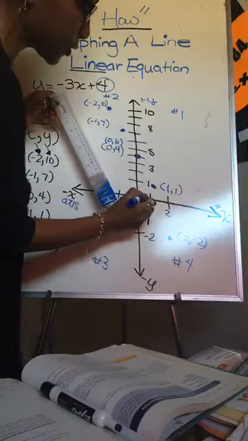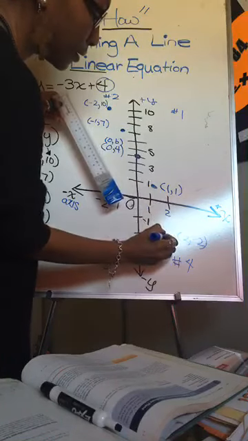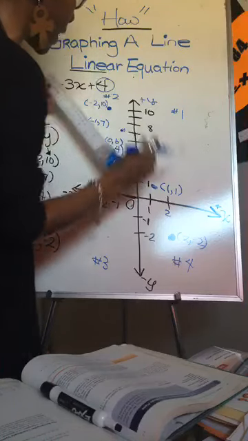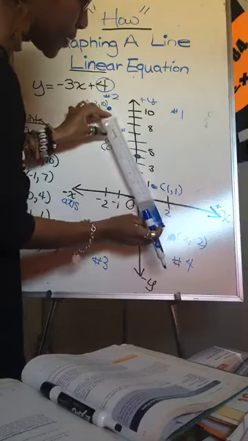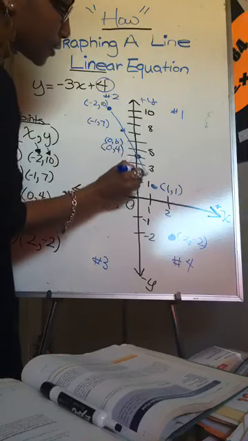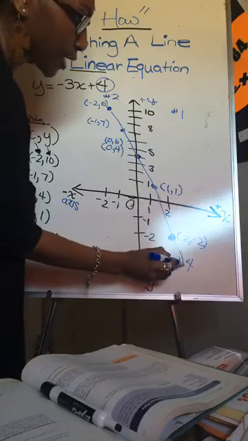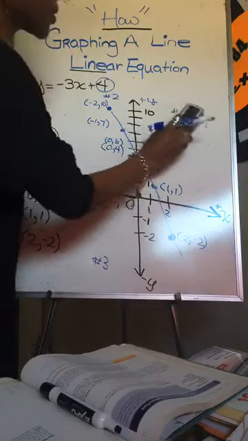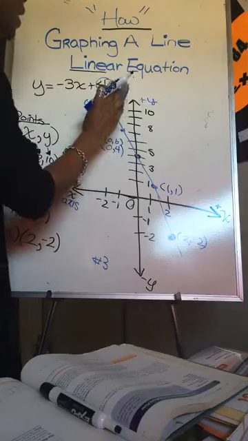It's kind of off a little bit, but let me make my points a little bigger so I can connect them. So let's connect the points. It's not perfect, but it should be a straight line. I'm going to erase my quad numbers here. We don't need that anymore.